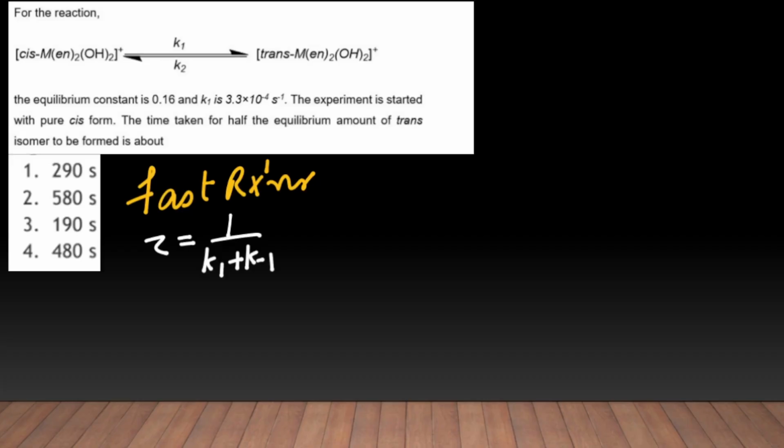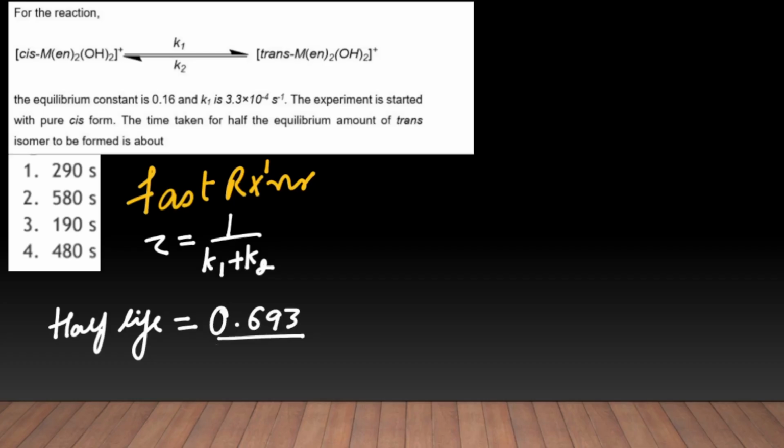Here, instead of K1 they have written K2, so it will be 1 by K1 plus K2. Now the half-life has been asked. The reaction is of first order kinetics only, so this is going to be 0.693 upon K1 plus K2.